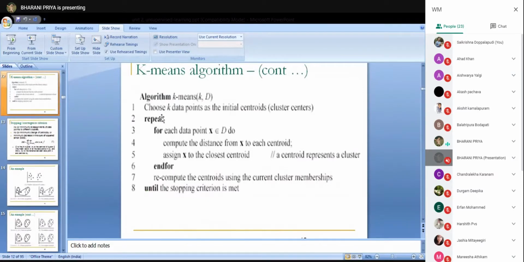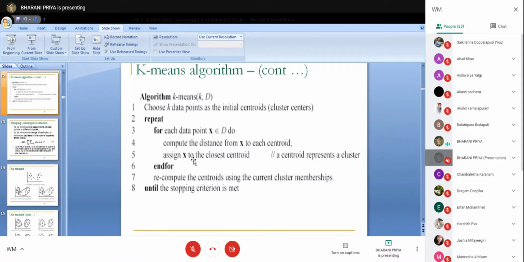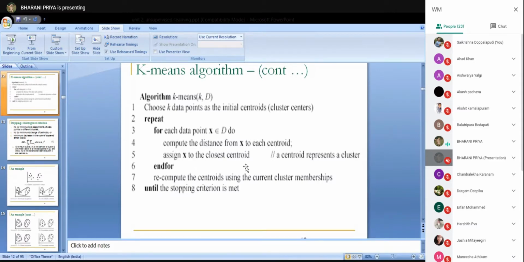So what is the algorithm? At the first stage, you choose the k data points, and for each data point in the data set, compute the distance from the data point to each centroid. Here at the first stage, the centroids are nothing but the k data points that you have chosen, and assign x to the closest centroid.